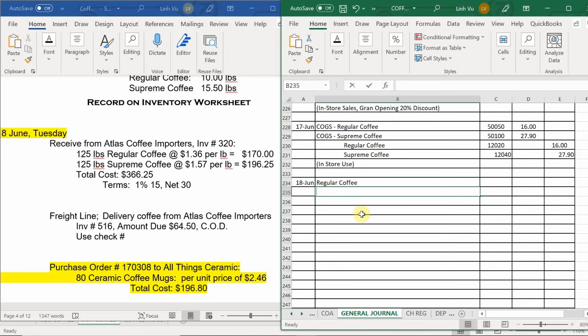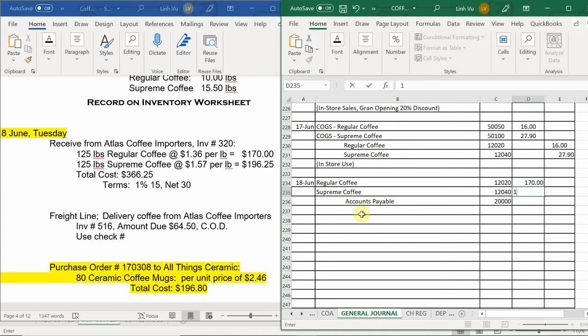So it's the regular coffee and supreme coffee, then accounts payable. 170 for the regular.